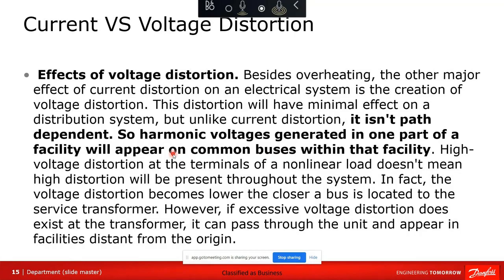However, if excessive voltage distortion does exist at the transformer, it can pass through the unit and appear in facilities distant from the origin. So this goes back to years ago when IEEE and the power utilities finally got together and said, you guys are using drives, you're doing weird stuff to our grids, we need to come together and have at least some recommendations on this stuff.